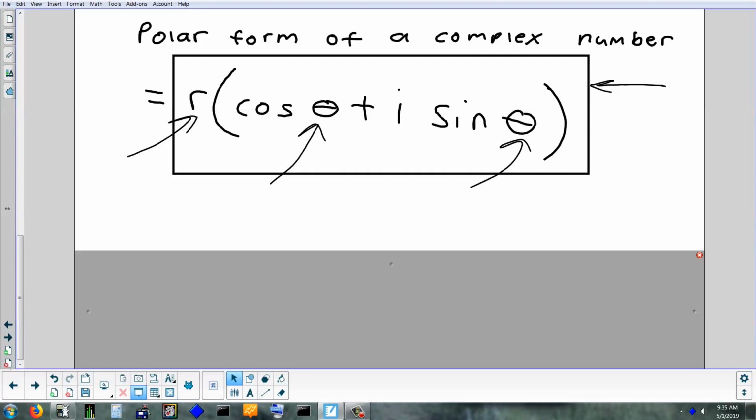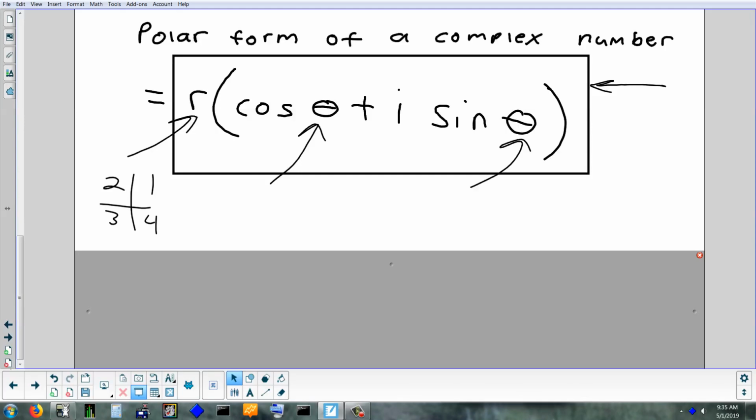You already have them. Inverse tangent of y over x. But sometimes you have to do something extra. Does anyone remember? In quadrants 1 and 4, it's always inverse tangent of y over x. What are you going to do if it's in 2 or 3? Yep, 180 plus the inverse tangent.